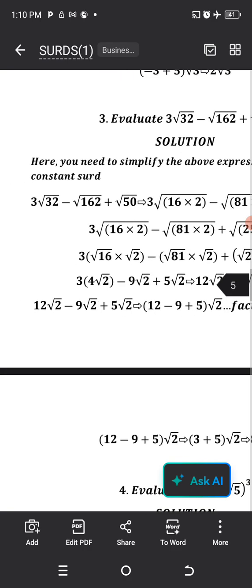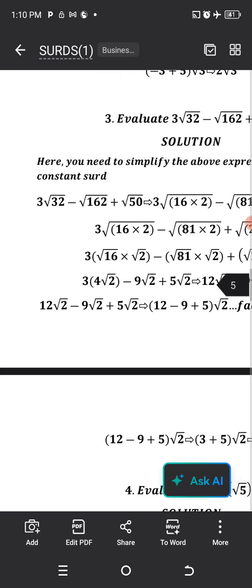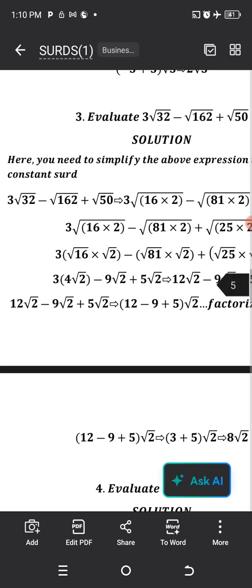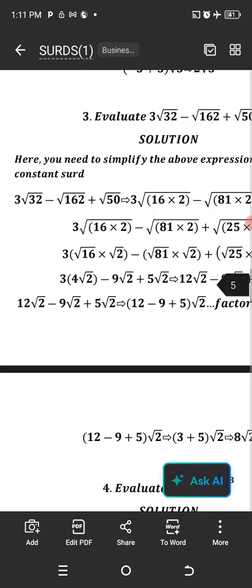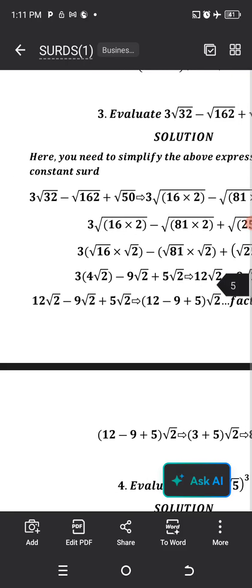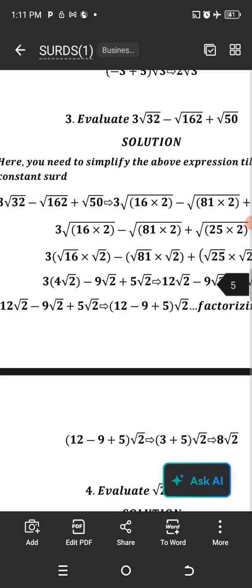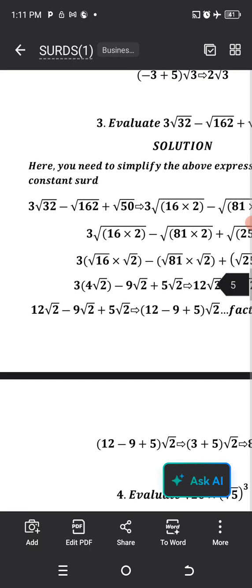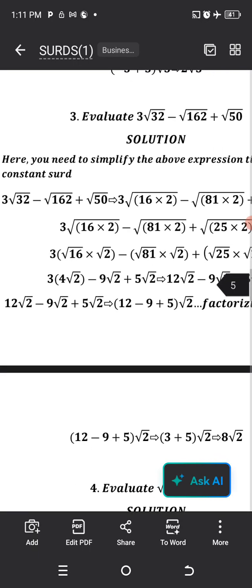So we are simplifying. You think. Mathematicians do things this way, you need to think. So how do you not think? You come to your senses. How can I express this complex thing to have a constant surd? And which has been done here. You can see that the expression for root 32 is now what? 16 times 2.